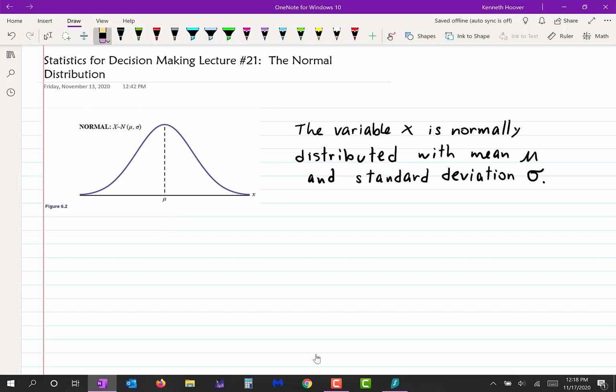Now, how fast does the bell curve drop off? That all depends on the standard deviation. So the mean is right in the center of the bell curve, and the standard deviation determines how spread out the bell curve is. If the standard deviation of the test scores was very small, then the test scores would not be spread out very much, and you would have a bell curve like this.